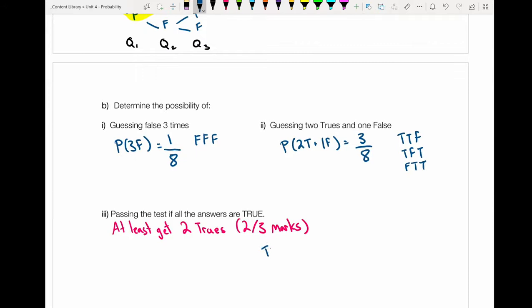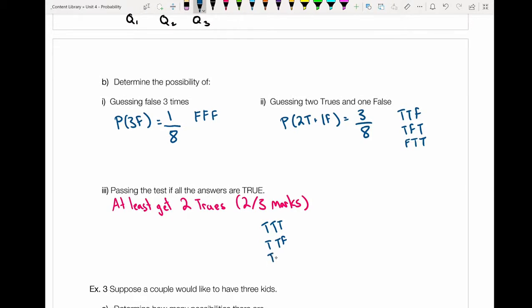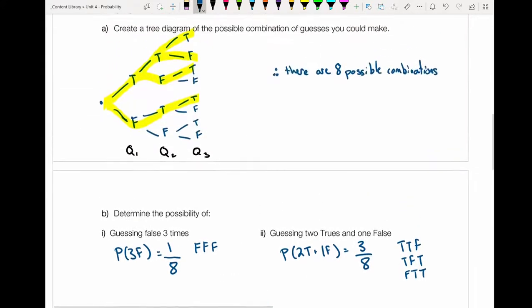I'll write them down: true, true, true; true, true, false; true, false, true; and false, true, true. So there are 4 pathways that give at least 2 trues. So the probability of passing is 4 out of 8, or 1/2, or 50%.